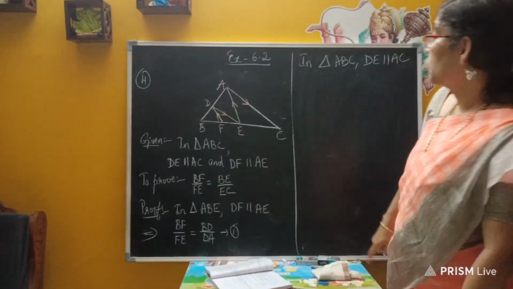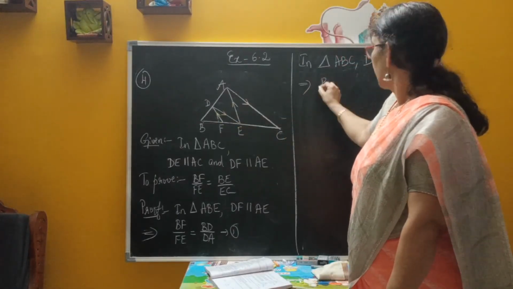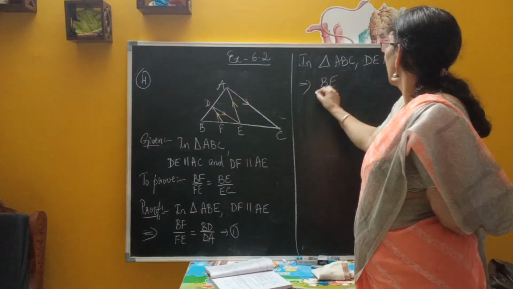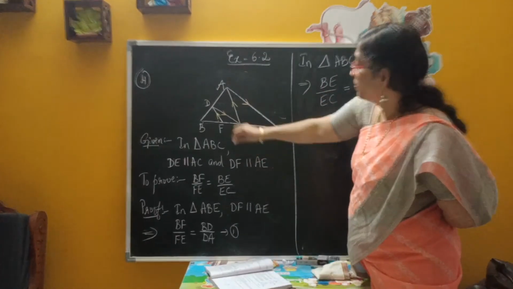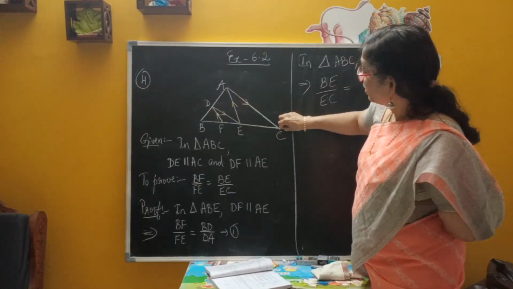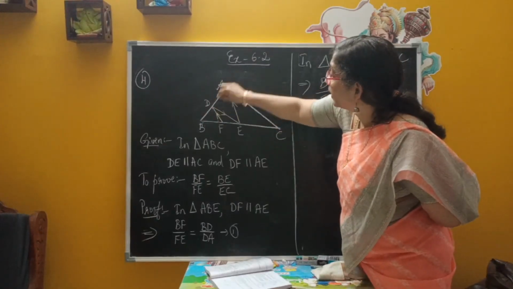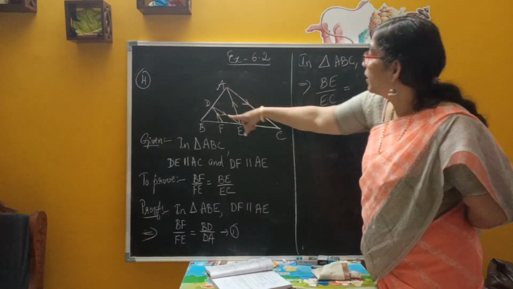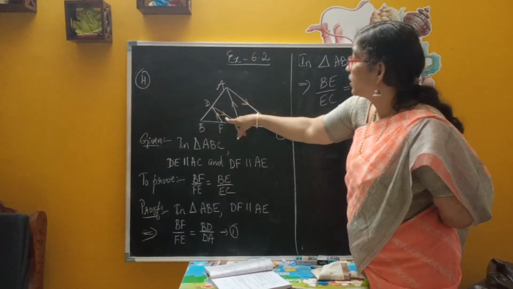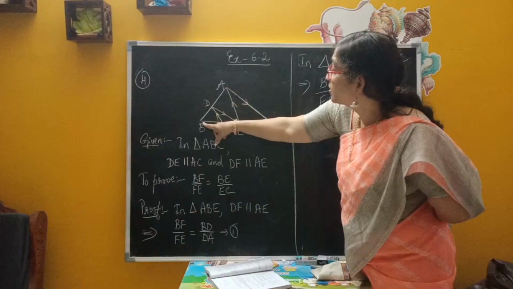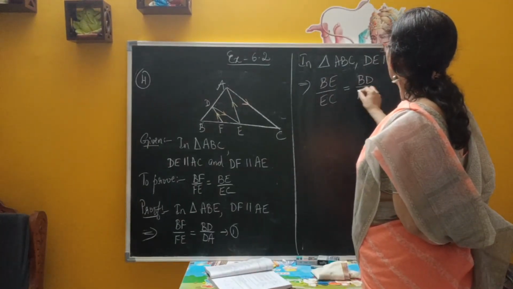So how do you write the ratio? BE by EC is equal to, yes, the other side. See, BE by EC. Then which is the other side? Here BD by DA. See, that's why I put different colors. I have put a different color. See, DE and AC are parallel, the orange color. So which are the segments? BD and DA.